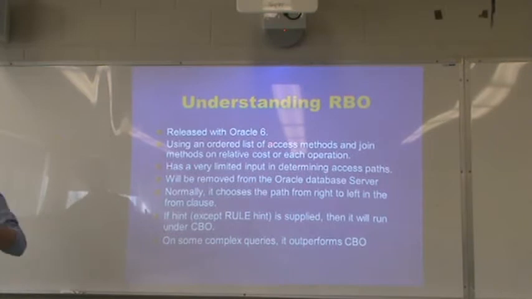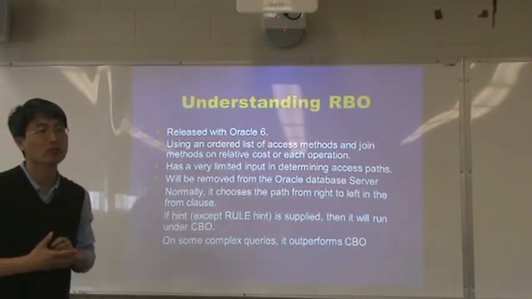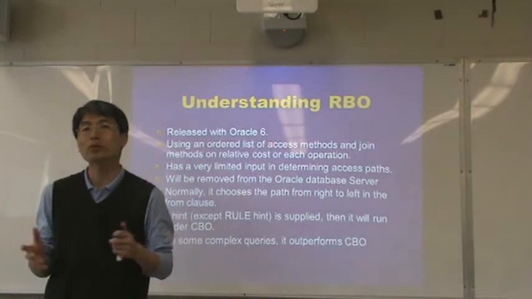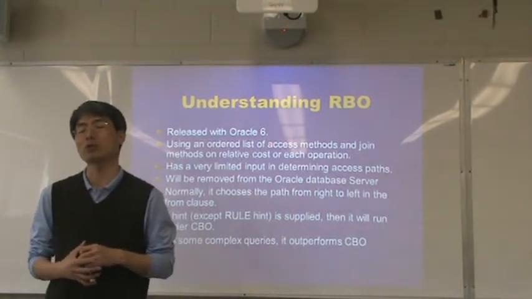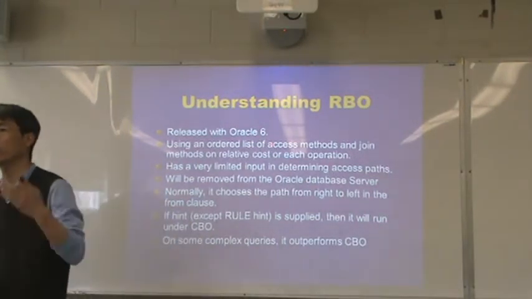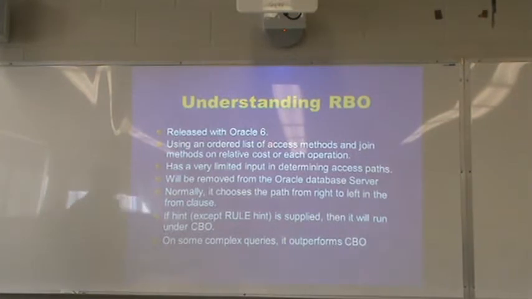So they built their own company to commercialize it. They developed until version 5, and Oracle 6 is the first popularly used commercialized version. I also learned the Oracle database from Oracle 6 point something.